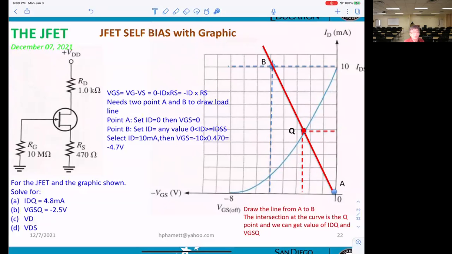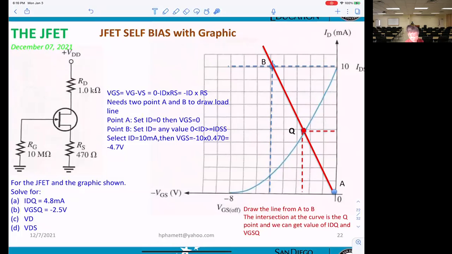However, normally when you open the textbook for technicians, they're not using the graph. If you go to engineering, then you have to do it. No matter what the bias, what they're looking for is ID at the Q point and VGS at the Q point.